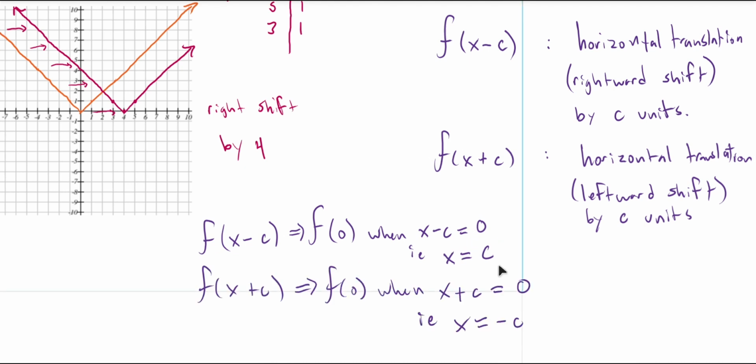And in the same way, if we had composed or put inside of the function x plus c, then we would only see a value at f of 0 when x plus c was itself equal to 0, which would happen at x equals minus c, which indicates that the point 0 has instead been shifted to minus c, a leftward shift. This is very similar to the change in sign that happens when you set a factor equal to 0 to find the 0 of that factor.